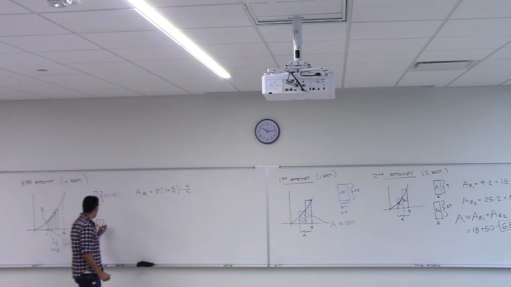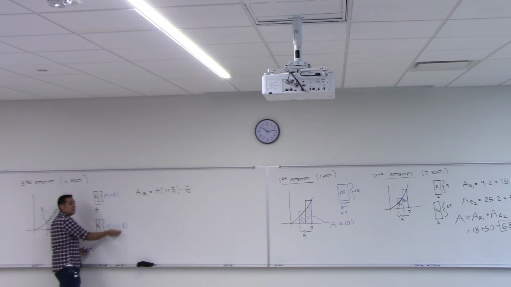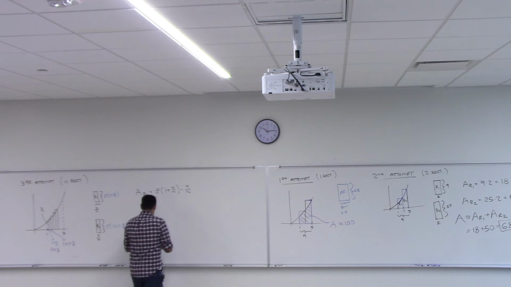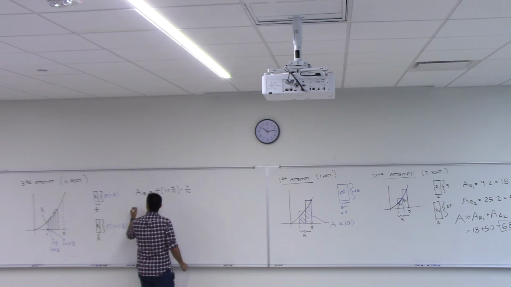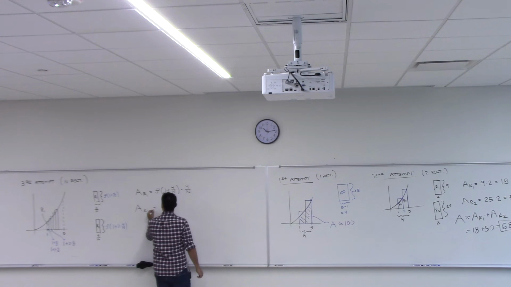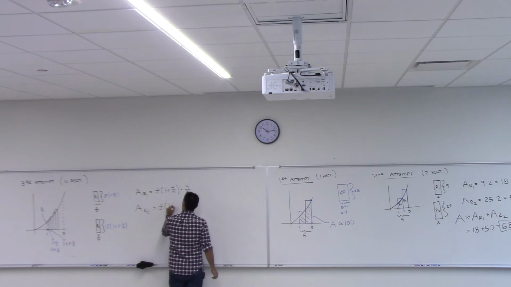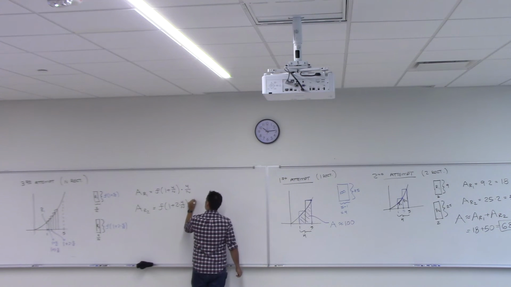So this height would be the function evaluated at 1 plus 2 jumps of 4 over n, which for this function would just mean I square that, right? So the area of rectangle 2 equals the function evaluated at 1 plus 2 jumps of 4 over n times 4 over n.